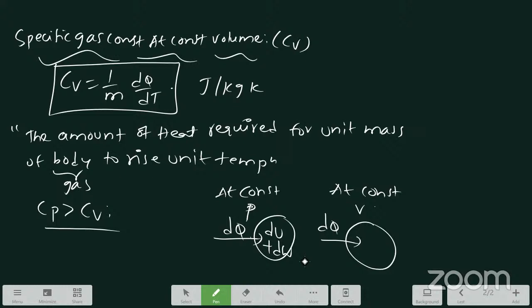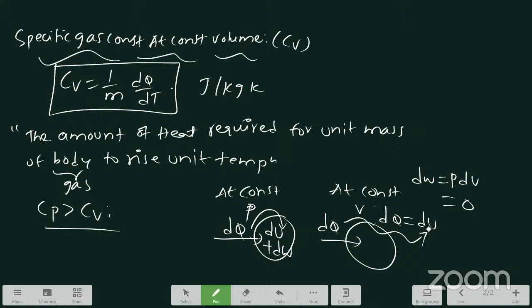In the case of constant pressure, we need heat for two purposes. What about at constant volume? dq equals du, because dw equals pdv, which is 0. There is no change in volume, meaning heat is required only for internal energy. At constant pressure, heat is required for internal energy and for external work. That's why, students, we need more heat at constant pressure.